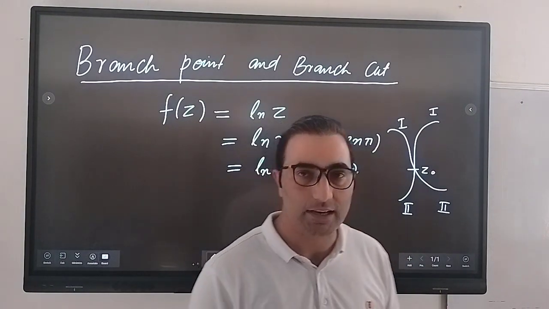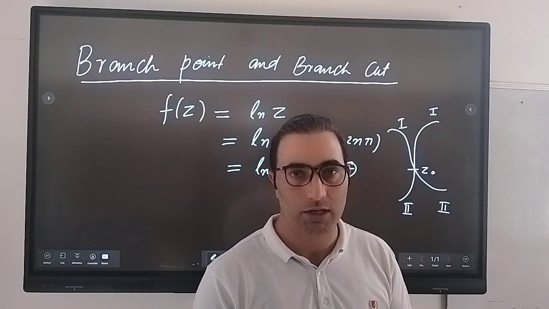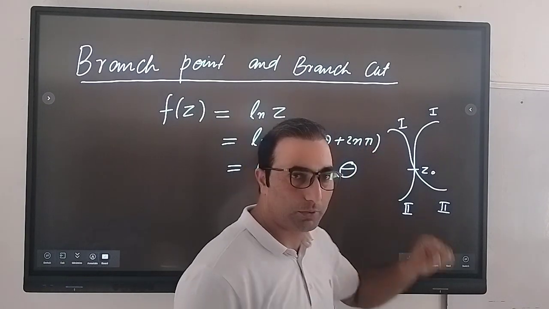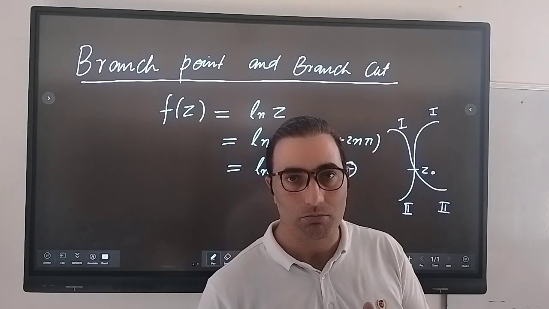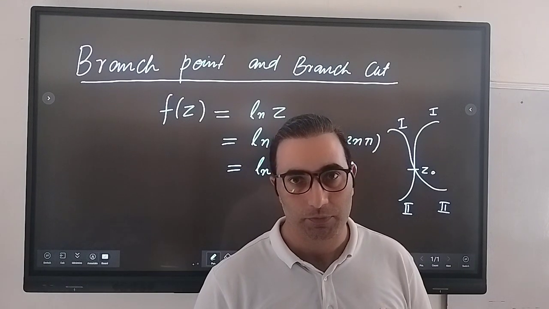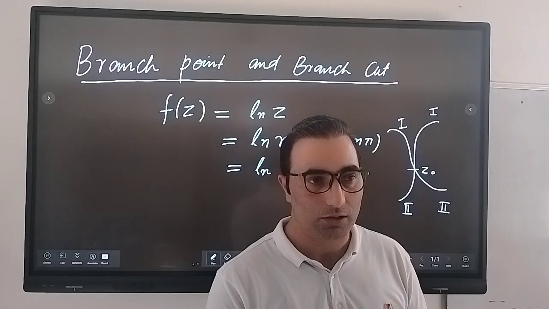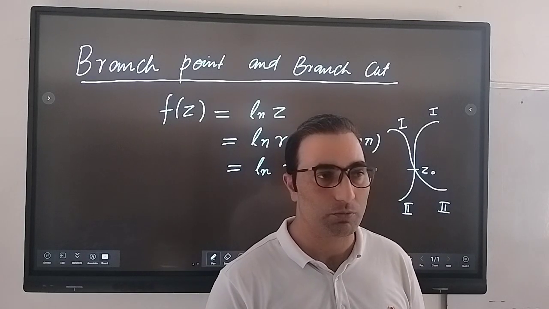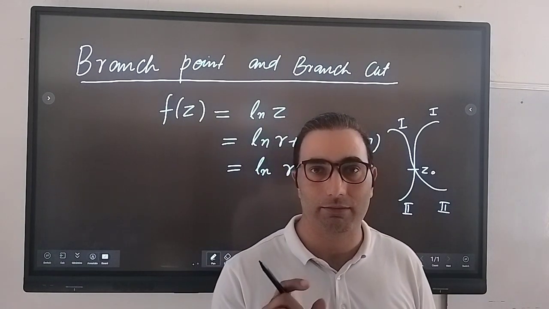Now, if we choose that angle theta, so that it lies within a range of 2 pi, we are basically making a multi-valued function into a single-valued function, right? If we confine the angle theta to a range of 2 pi, then this function can have a single value, right?